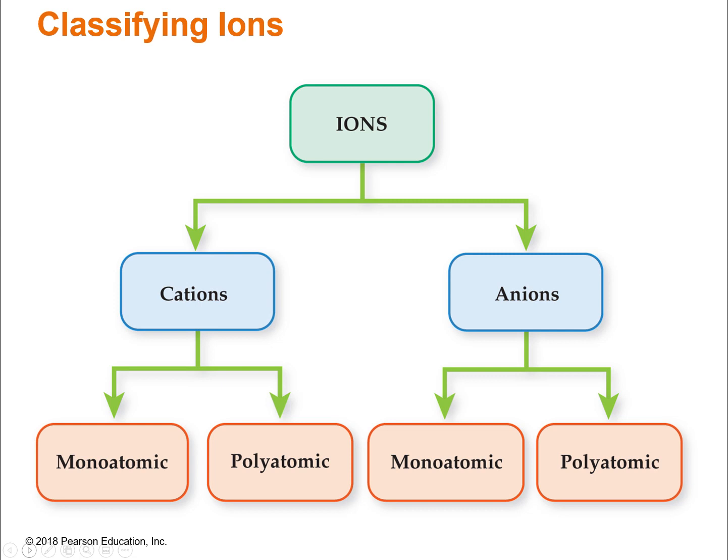First, we have to build a little bit more of our naming skills. We're going to talk more about ions. We talked about cations and anions in chapter 5. We just didn't have the terminology. Cations are positive ions.